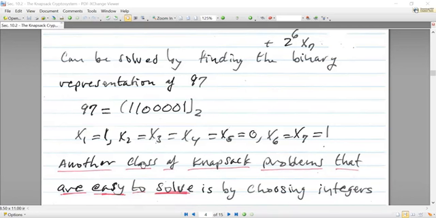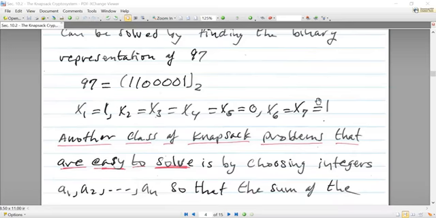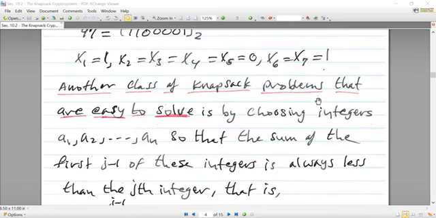All right, another class of knapsack problems that are easy to solve is choosing a sequence of integers so that the sum of the first j minus 1 of these integers is always less than the next integer.